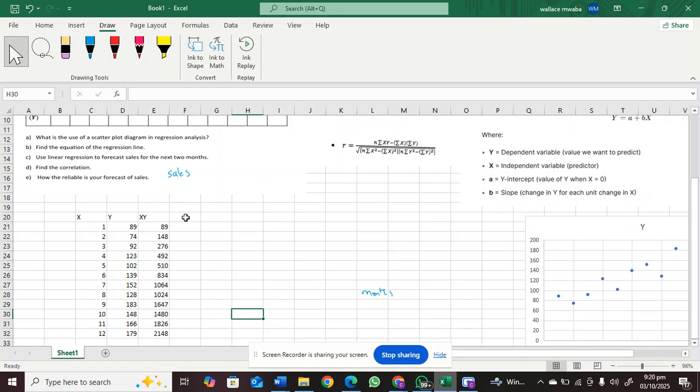Then the next thing, you need to square your x variable. Each value of x, we're going to square it. 1 squared is 1. 2 squared is 4. 3 squared. We're squaring each x variable.